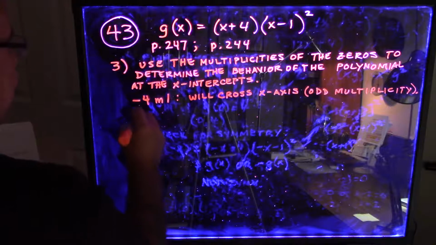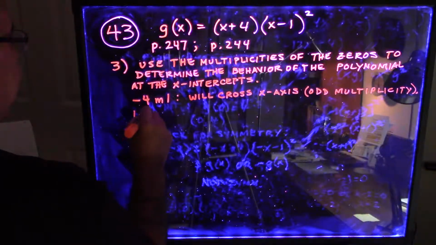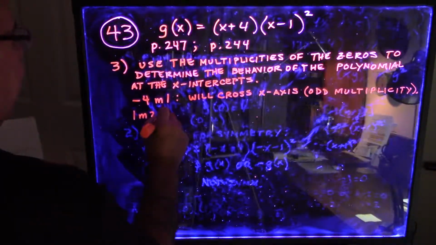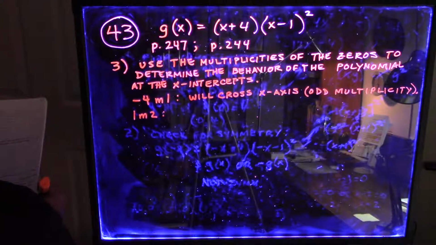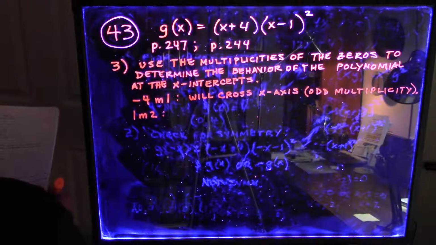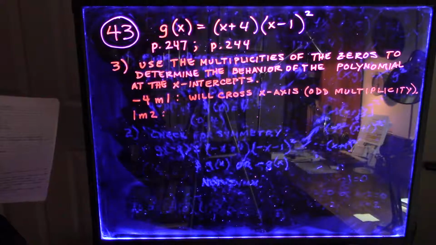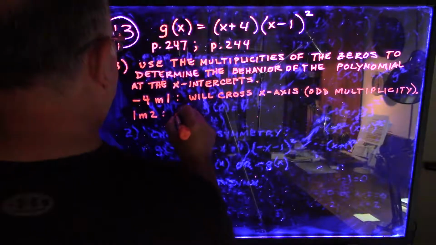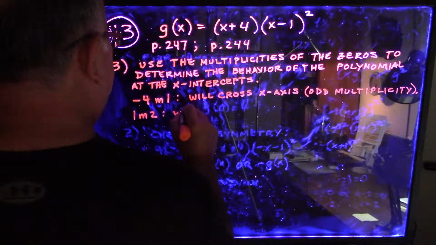Now we have another x-intercept with multiplicity 2, and the graph will touch the x-axis. In other words, it'll touch and bounce off, so to speak.